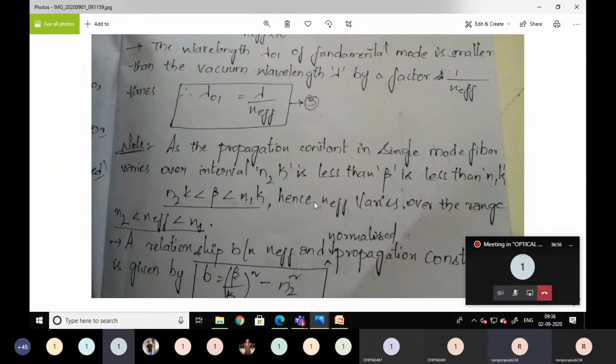As the propagation constant in a single mode fiber varies over the interval n2 into k is less than beta is less than n1 k. Otherwise, you may write n2 k is less than beta less than n1 k.